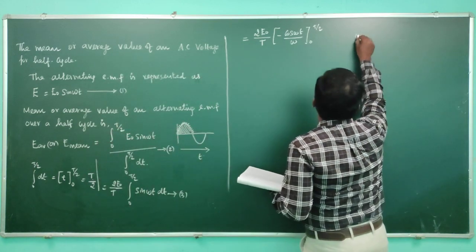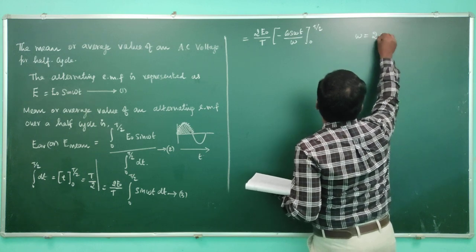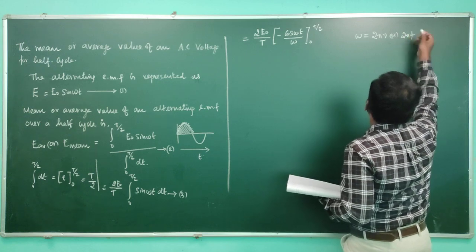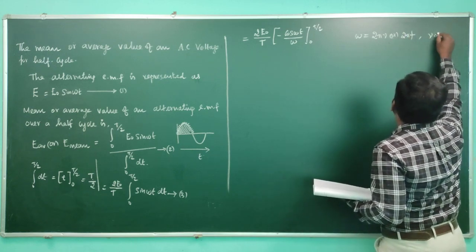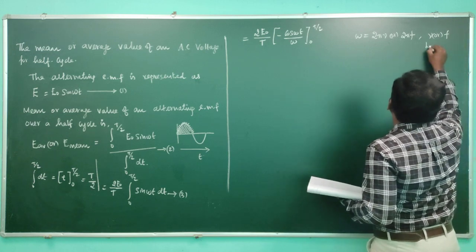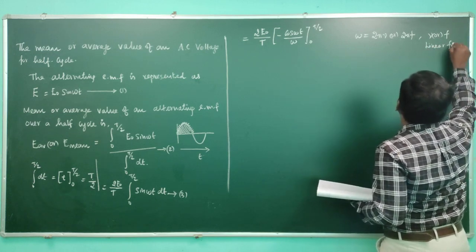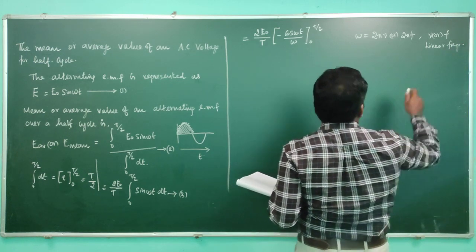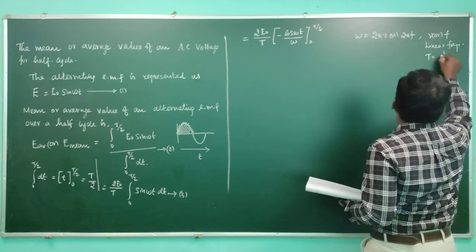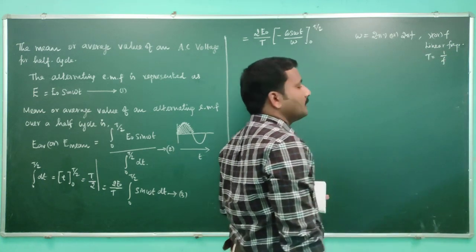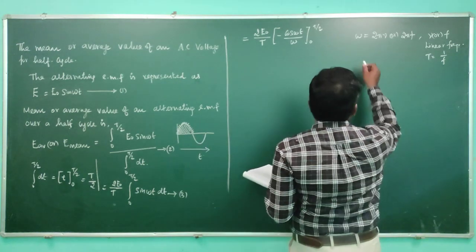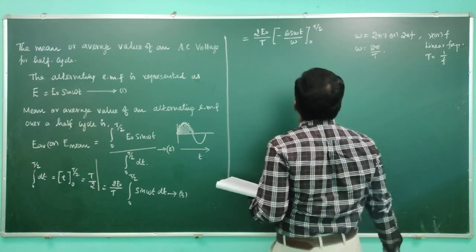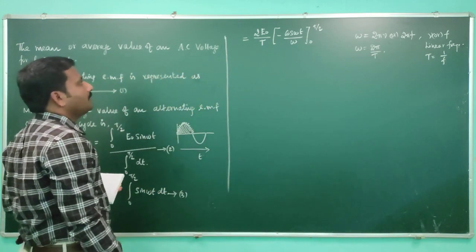But omega is the angular velocity, that we can write as 2 pi nu or 2 pi f, where nu or f is nothing but the linear frequency. Then we can define time as 1 by f, so that you can write omega equal to 2 pi by T. Okay, keep this in mind.